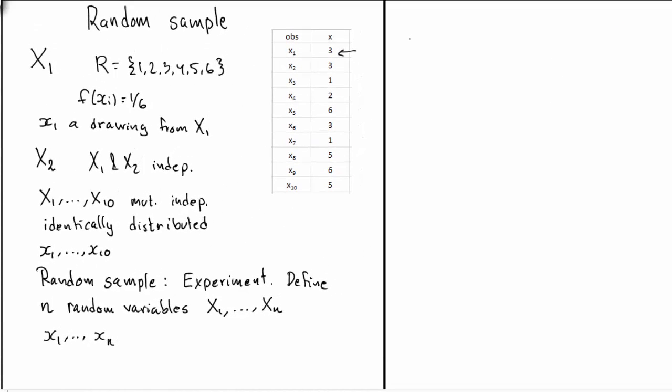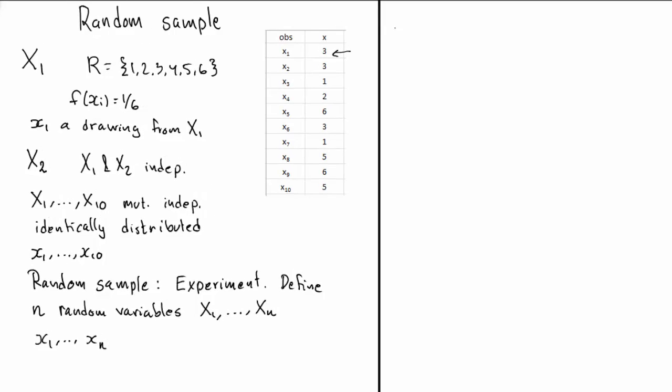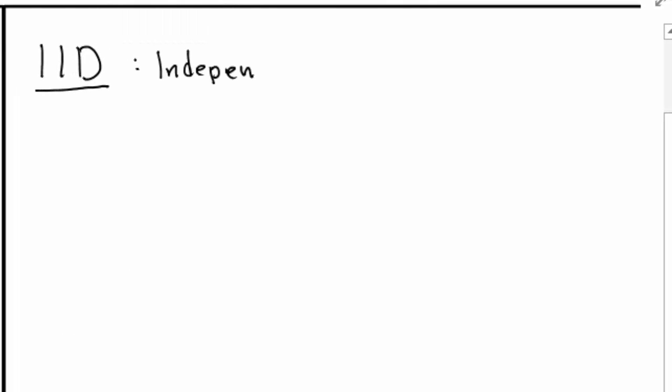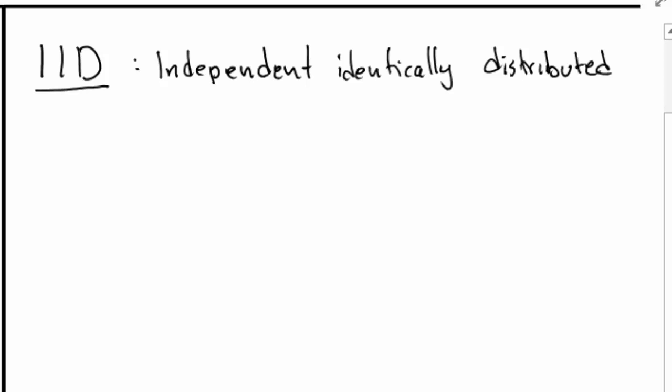One such assumption, which is sometimes reasonable to make, is the assumption IID, which stands for independent and identically distributed. So if I make this assumption, I'm assuming that all the random variables are independent.